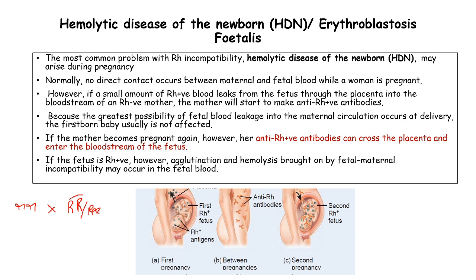If the husband is homozygous as capital R, that is, the woman is Rh negative and the husband is Rh positive and homozygous, the fetus will always be Rh positive, because heterozygous fetuses will be the result in such a marriage.